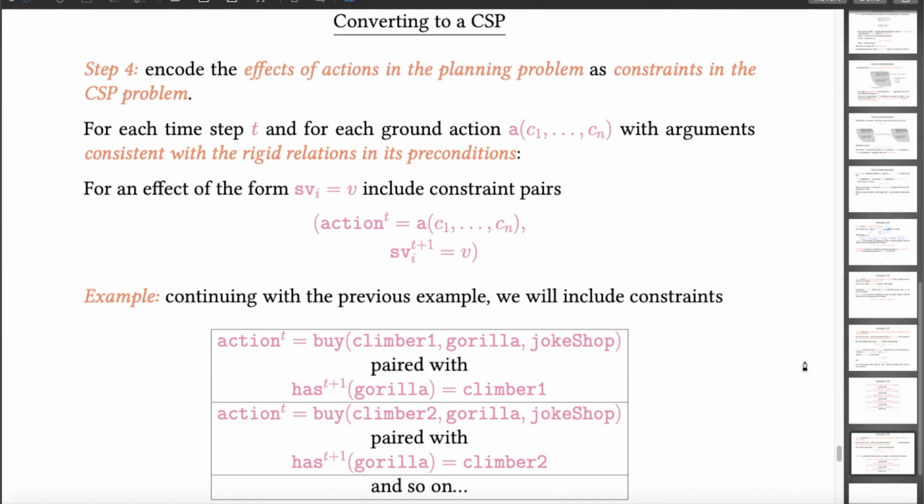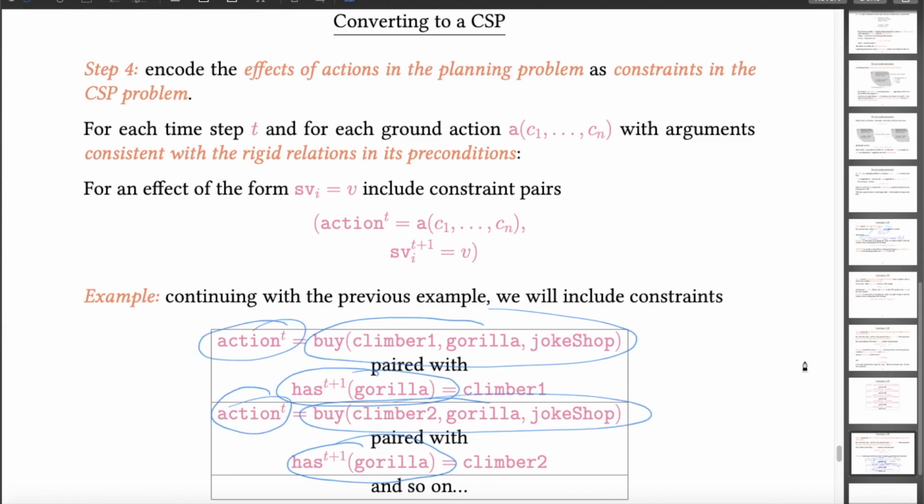Those ground instances then become either the names of variables or possible values for variables within the CSP. And we've also introduced some extra variables into the CSP to denote what the actions are.